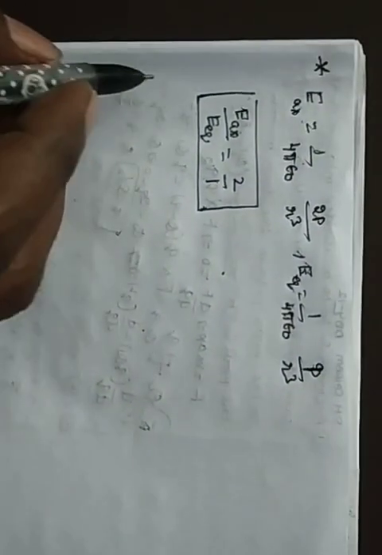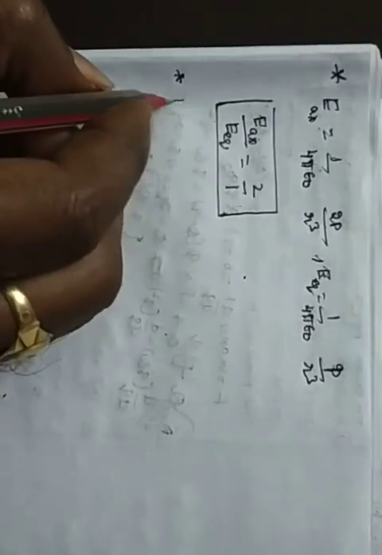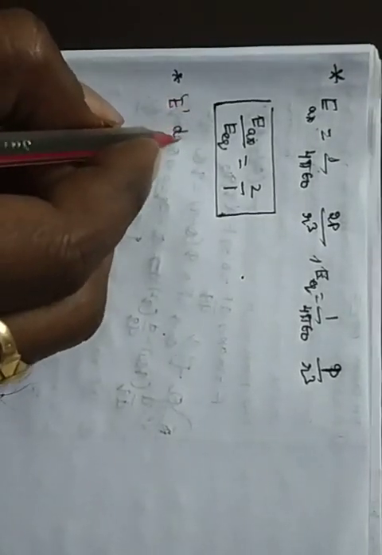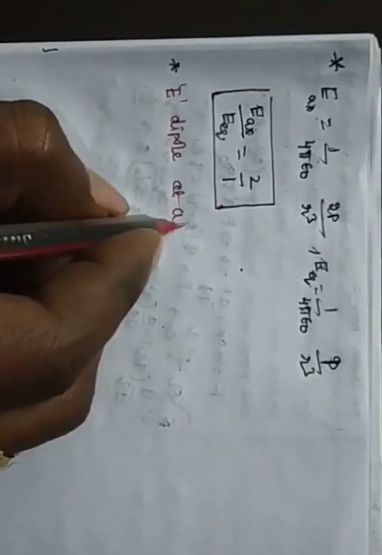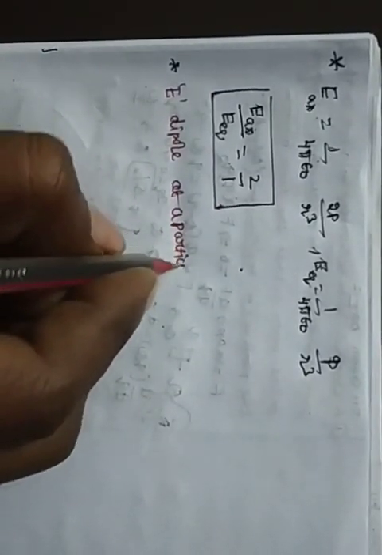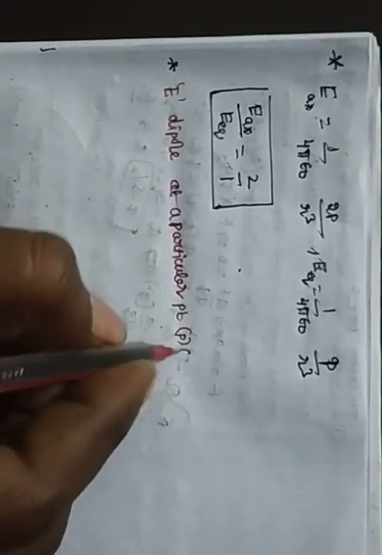Okay. Now I want to find the electric field intensity due to a dipole at a particular point, whose coordinates are represented like this: r comma theta. They are named polar coordinates.